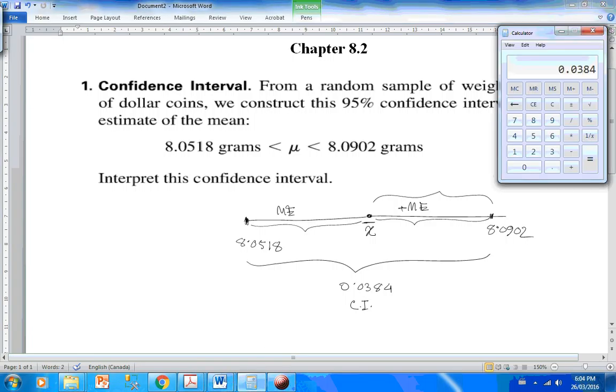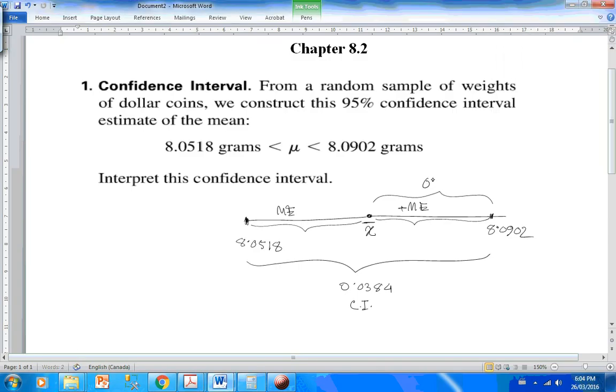Going back to the calculator, I'll divide 0.0384 by 2, and that would give me 0.0192, my bad. So this is positive 0.0192, and this is negative 0.0192, and those are my margins of error.